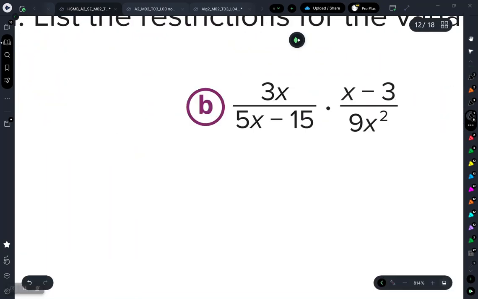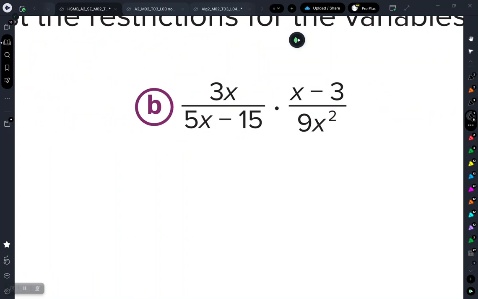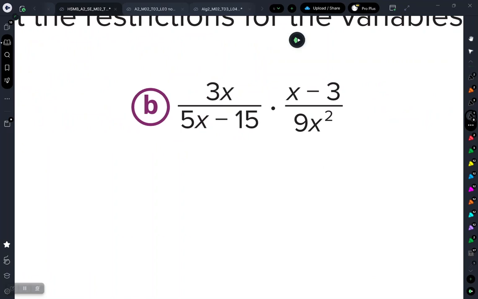So let's look at a case where we do have binomials and monomials. With the binomials and above, you want to see if you can factor. So I see 5x minus 15 has a GCF. Okay, so this 5x minus 15, I'm going to take out the 5, and it's going to be left with x minus 3.